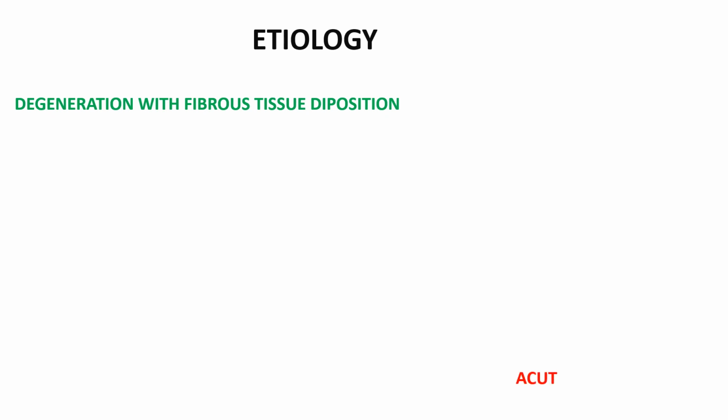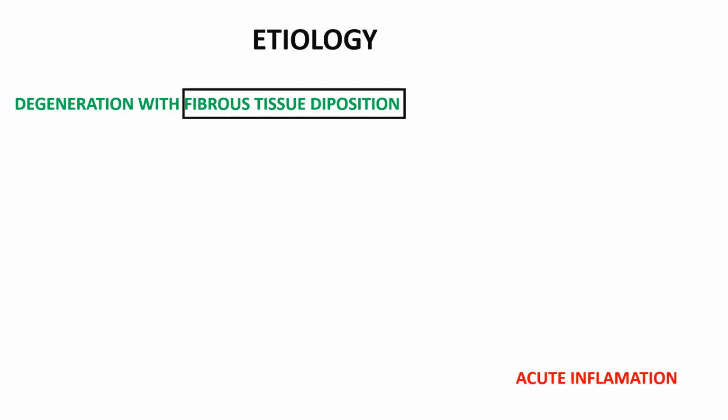Now I'll tell you about the etiology of De Quervain's tenosynovitis. It is due to degeneration with fibrous tissue deposition and increased vascularity rather than acute inflammation of the synovial lining. This deposition results in thickening of the tendons of the extensor pollicis brevis and abductor pollicis longus.